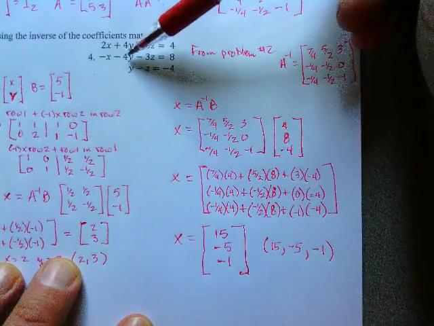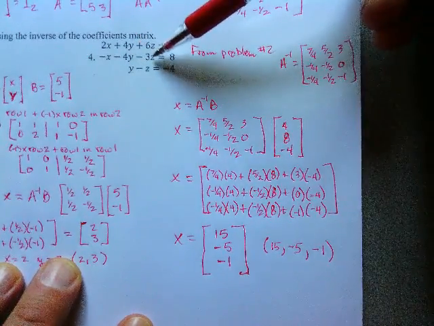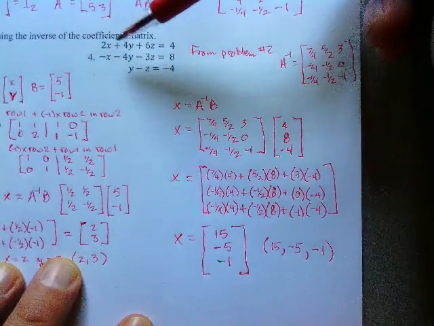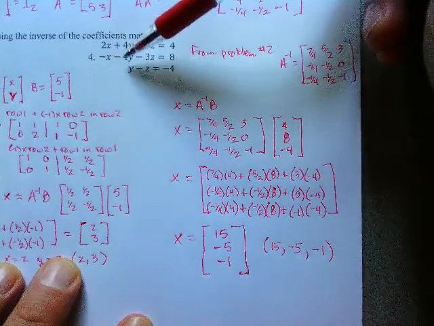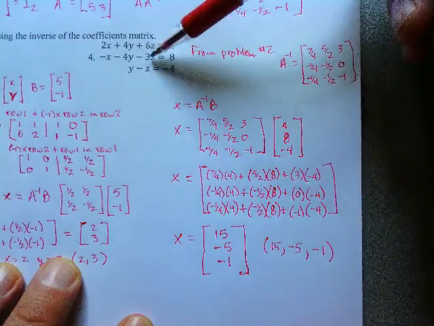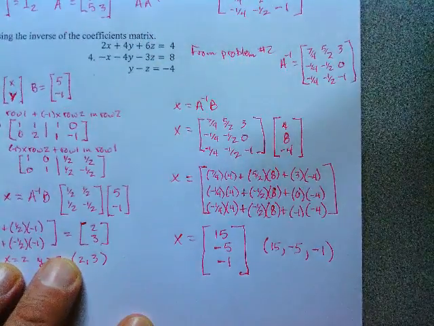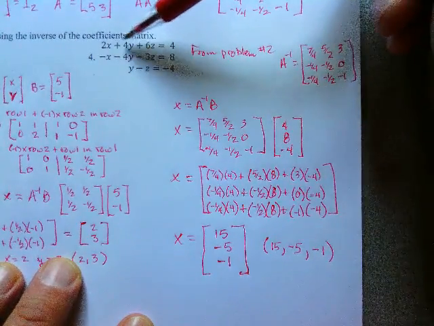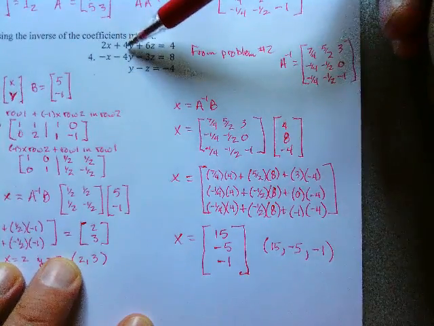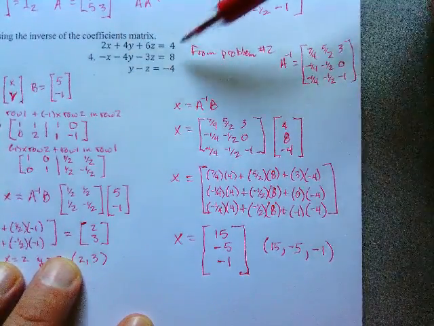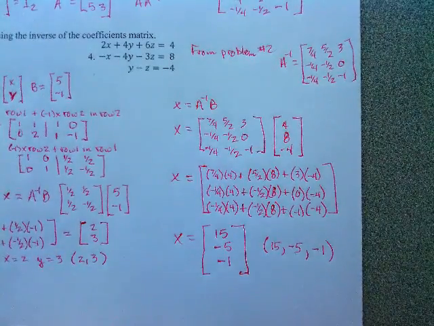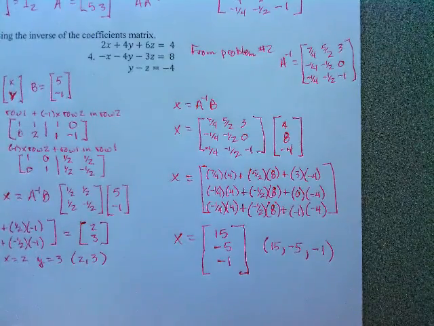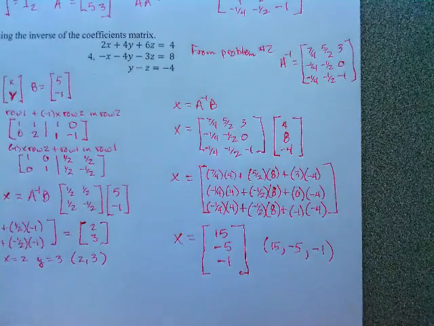So that's a -15 plus 20, so that's 5, 5, subtract a 3 times -1, so that's 3, 5 and 3, that is 8, so in fact these are working. 2 times 15, that would be 30, 30 minus 4 times negative 5, that's 30 minus 20, that's 10. 10 minus 6, that does in fact give me 4. And so we have actually solved a system, 3 equations and 3 unknowns using the inverse that we got from problem 2.